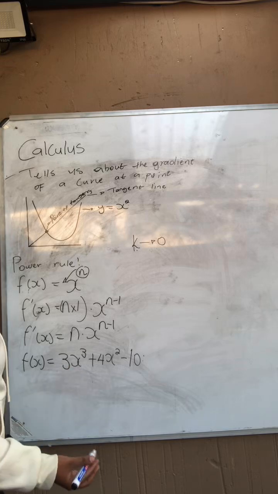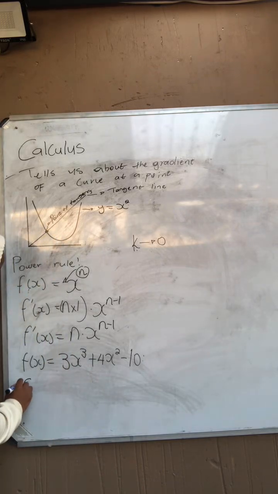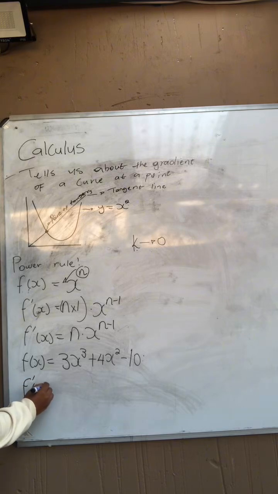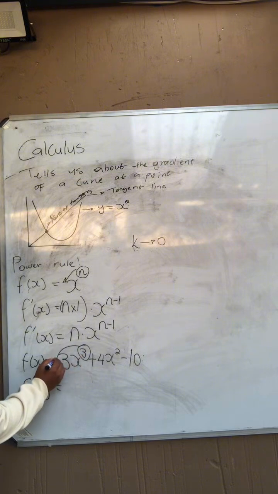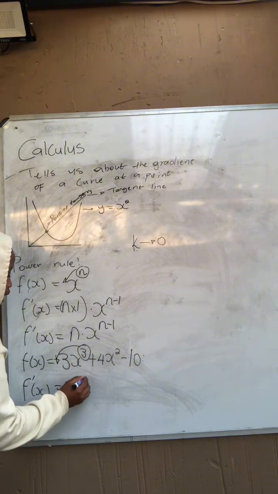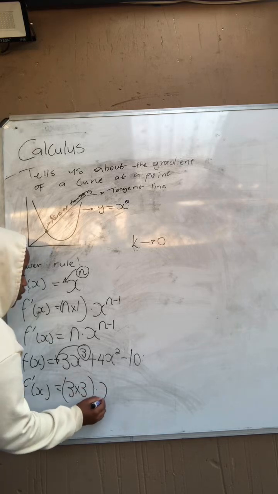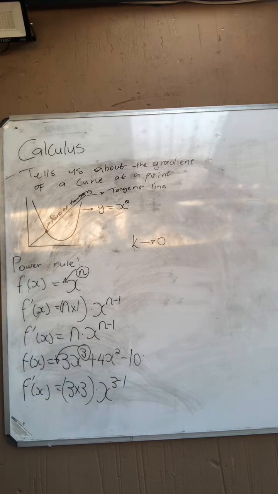We can now start solving the problem. So f prime of x: we bring the index down and multiply it with the base, and then subtract 1 from the index.